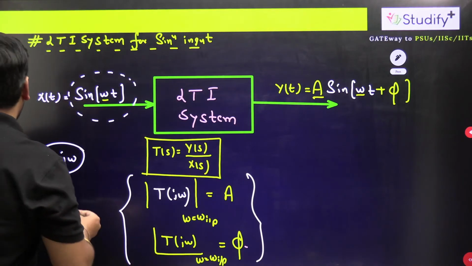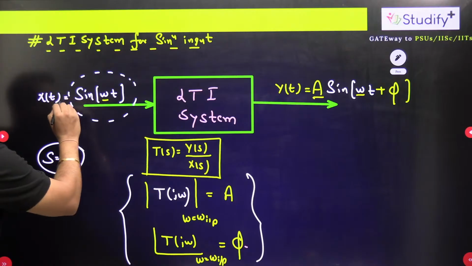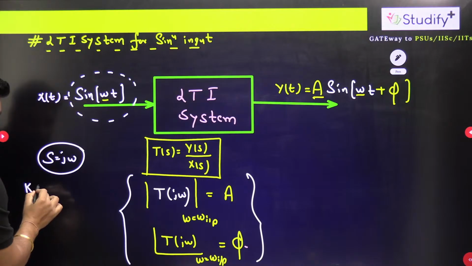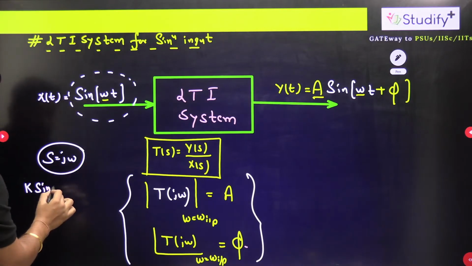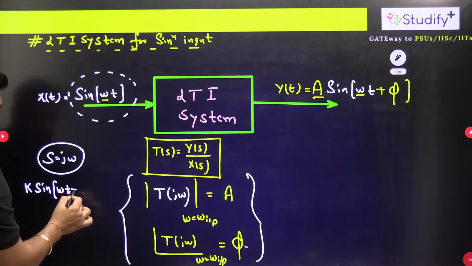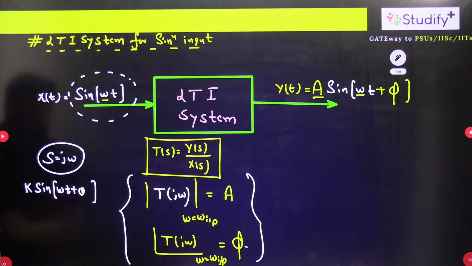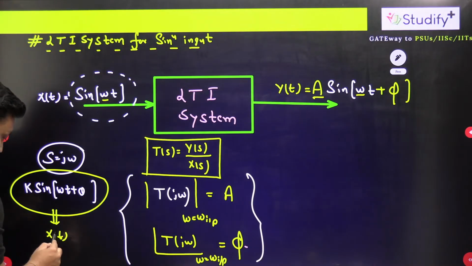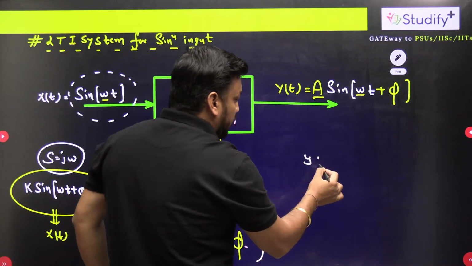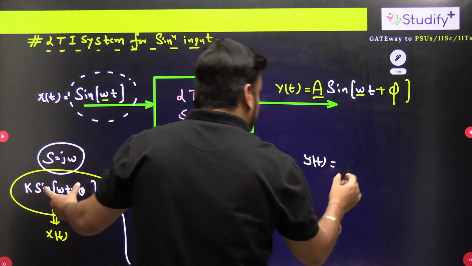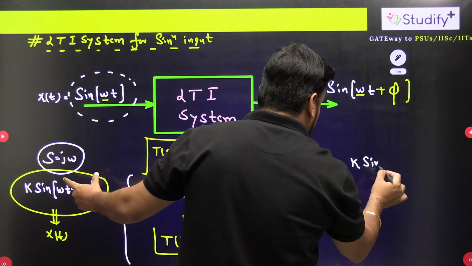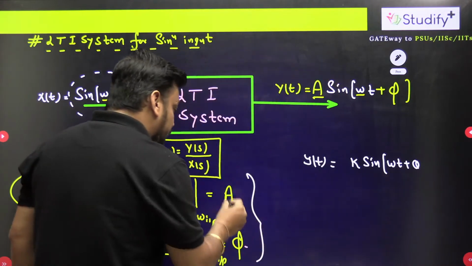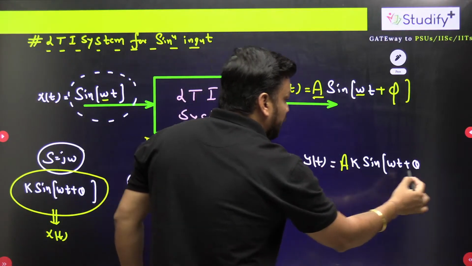Now there is one more thing where students may get confused: what if the input already has some amplitude? Suppose my input is k sine of omega t plus theta. Then what will the modified output be? Whatever the input component is will remain the same, that is k into sine of omega t plus theta stays as it is, and in addition capital A and phi will come.